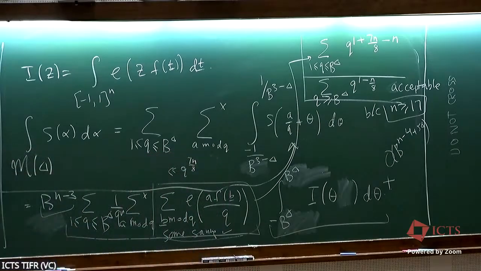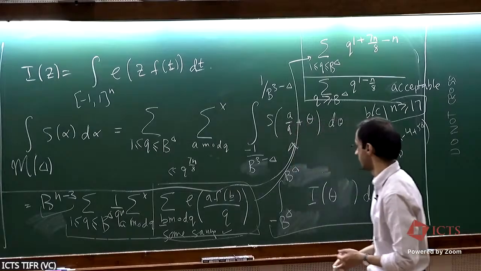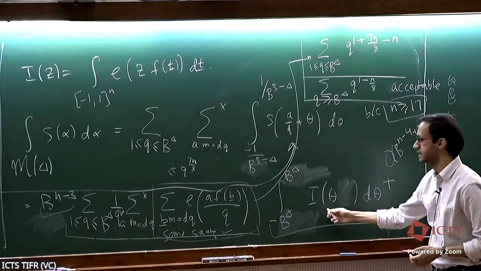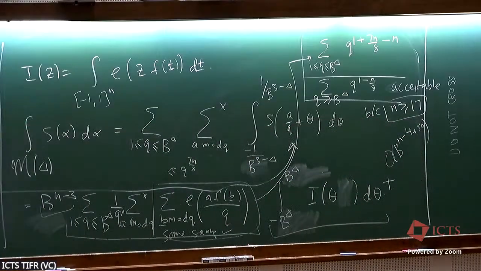And then the final main term, therefore, at this point, looks like B to the N minus 3, times this infinite sum, and this, which is an infinite integral. So let me write it over there. And now also use the standard notation.